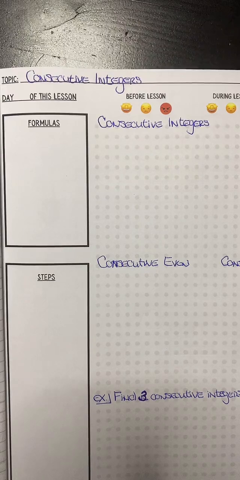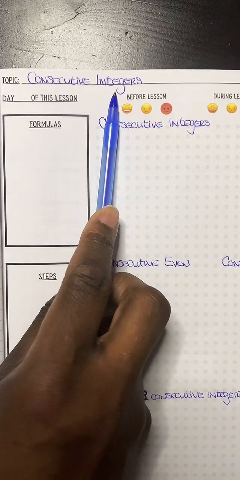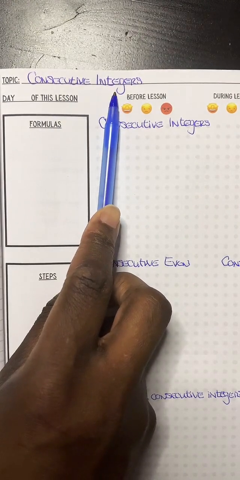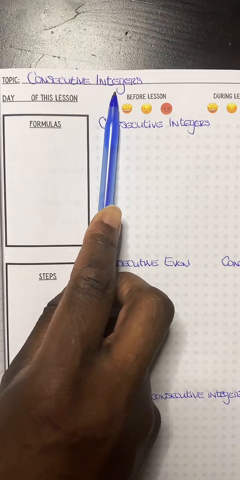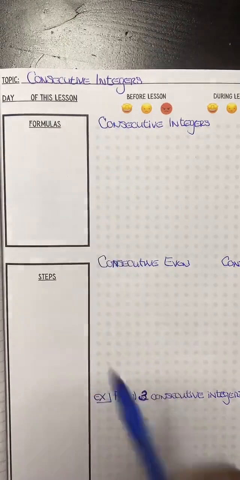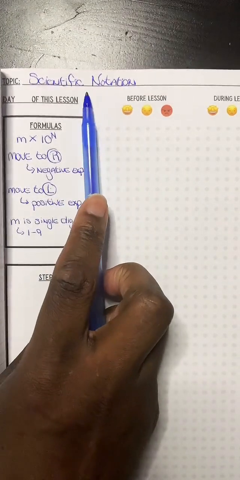All right, so what we're actually going to work on today. I was going to continue on with the complex numbers, but because of what was going on with a lot of my sessions today, I am going to be doing 2 lessons. We're going to be working on consecutive integers. Yes, this will be on ASVAB. It will also be on ACT and SAT prep, as well as scientific notation.